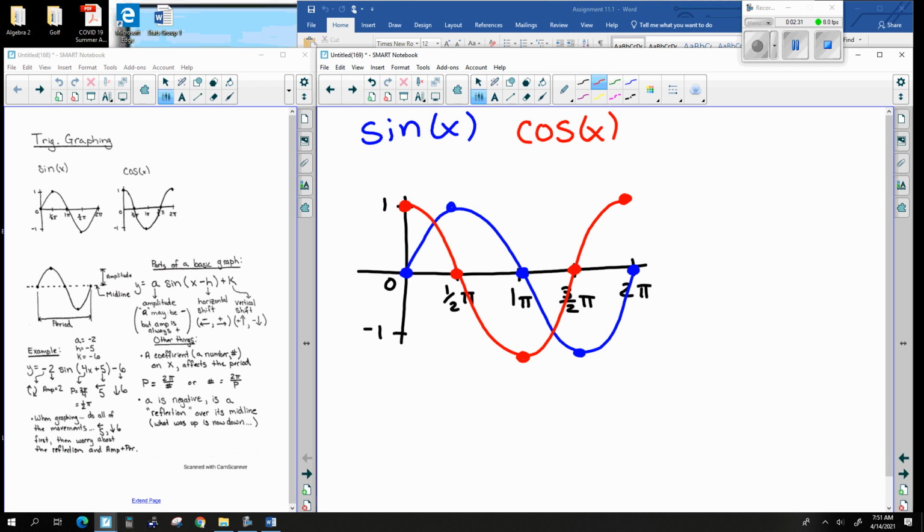Now, it's worth noting that if I were to extend this picture off in both directions, the graph doesn't technically stop at 2 pi.